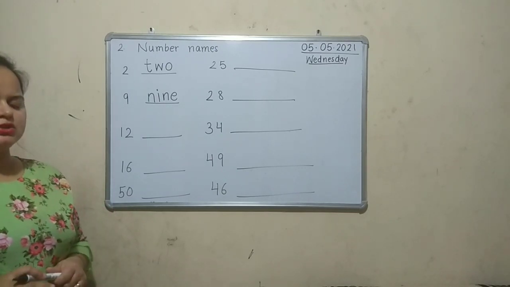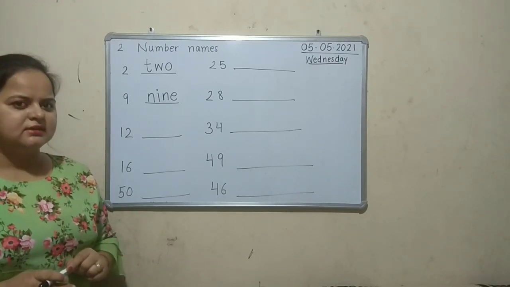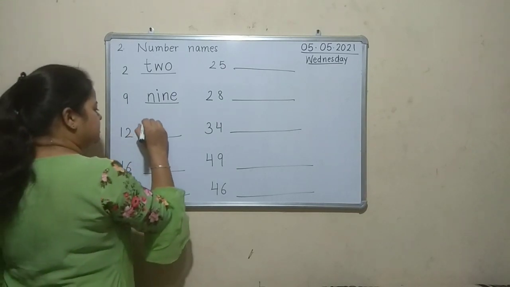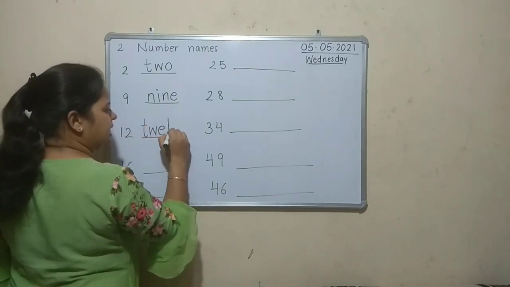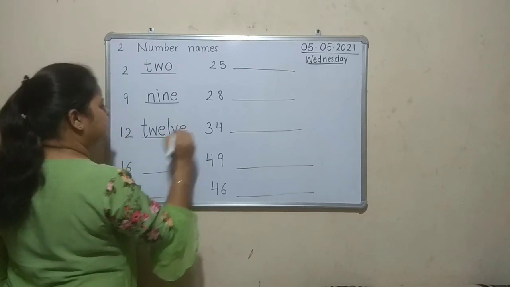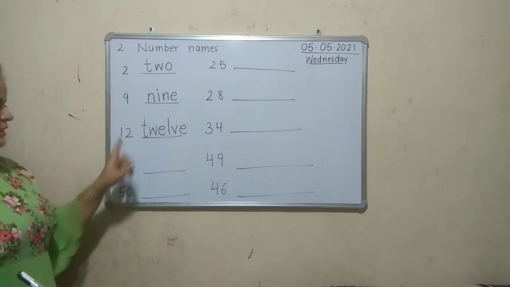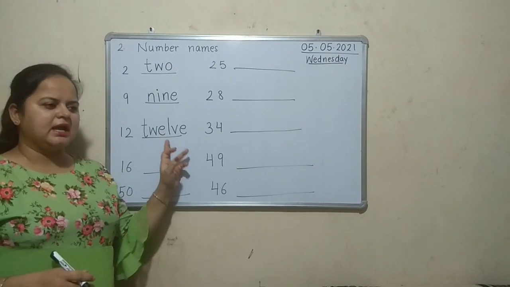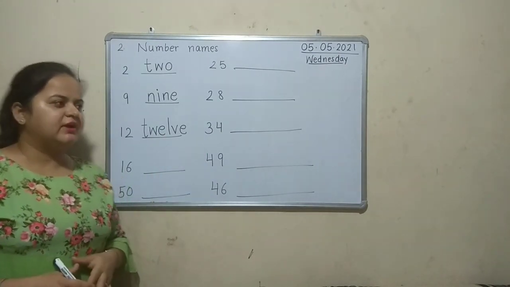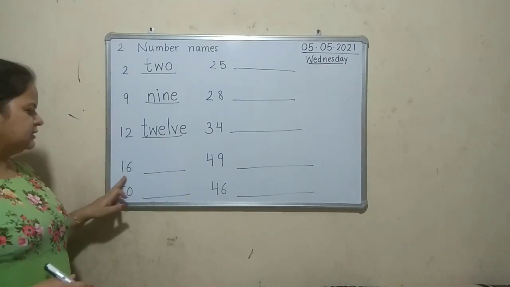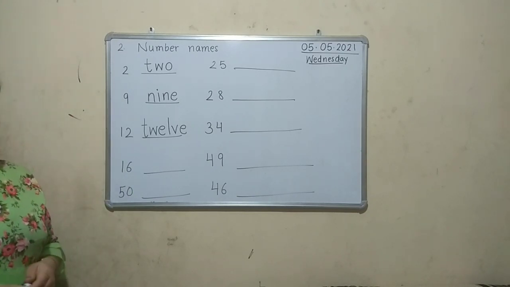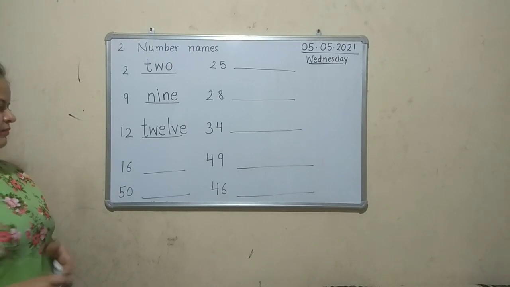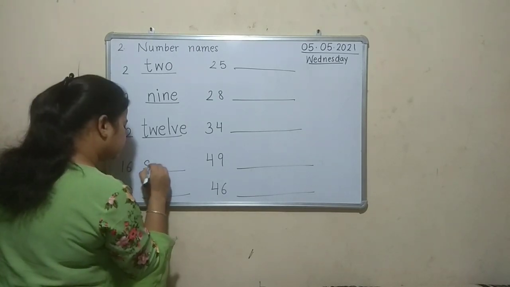What are the spellings of 12? T-W-E-L-V-E, 12. Next is 16. How will we write 16? Yes, tell me quickly. Very good.